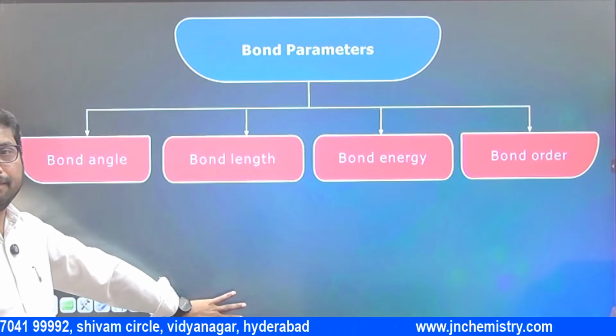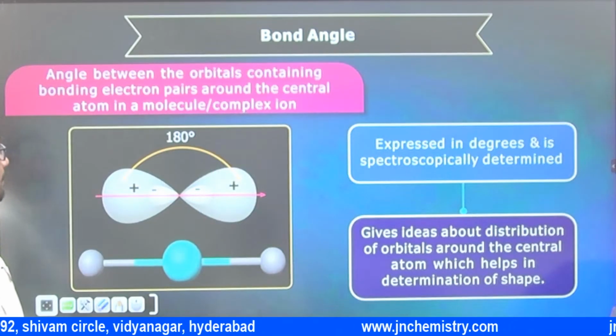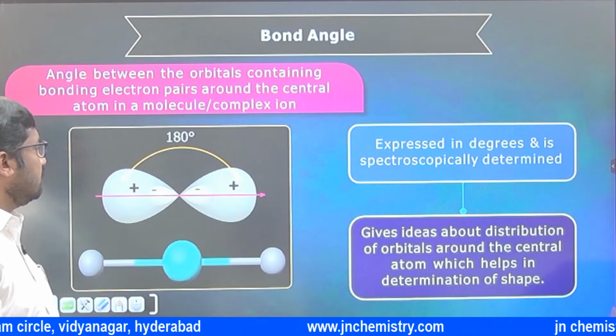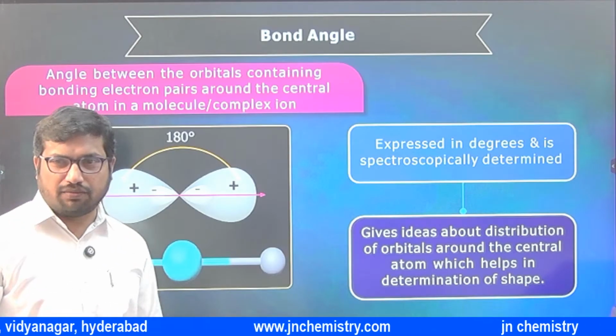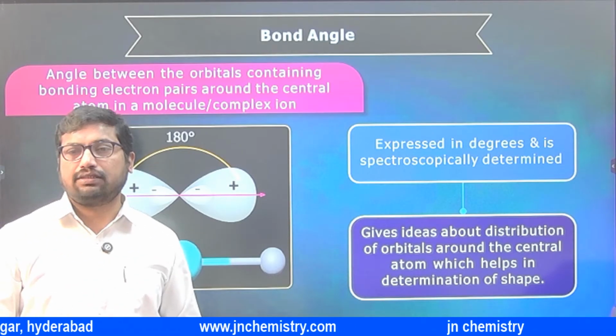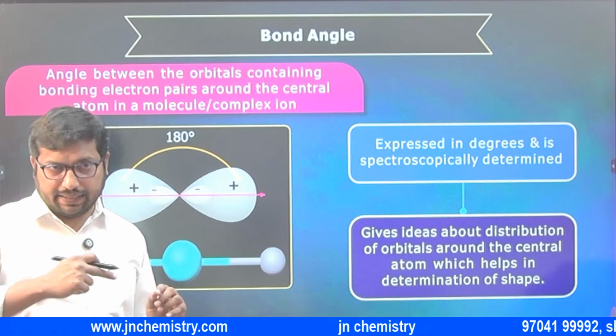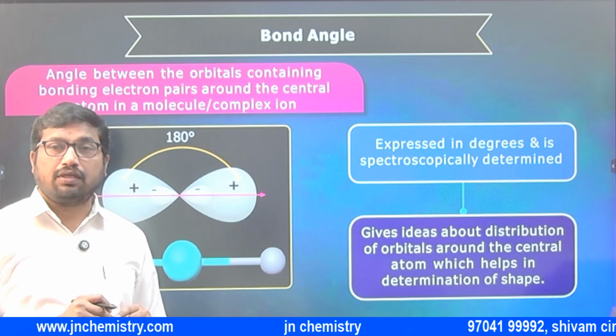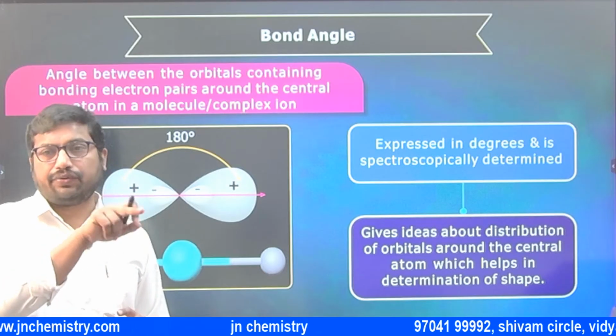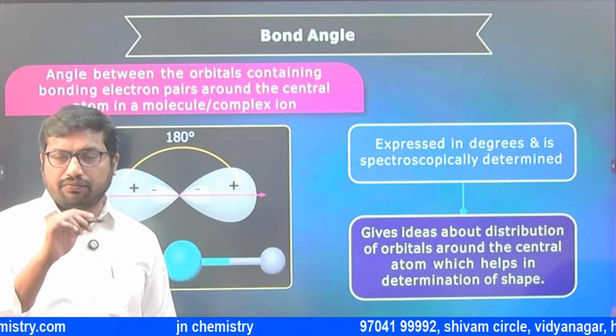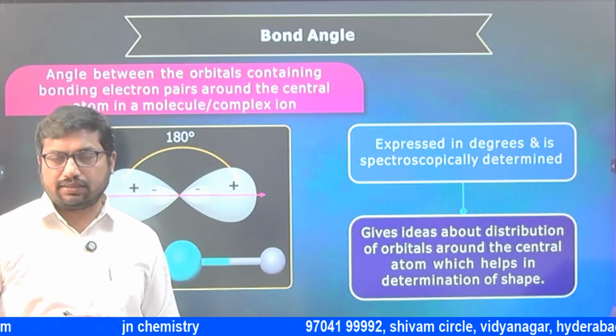So bond angle. Based on hybridization, somewhat we can say, because SP hybridization is linear without any lone pairs. SP linear. SP2 trigonal planar shape, generally 120. SP3 109 degrees 28 minutes.